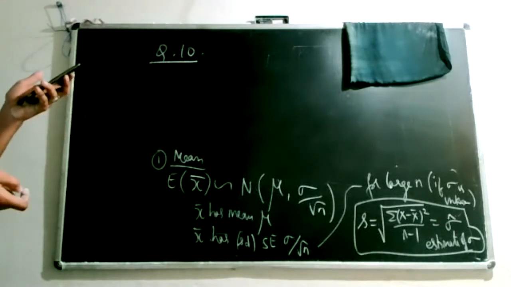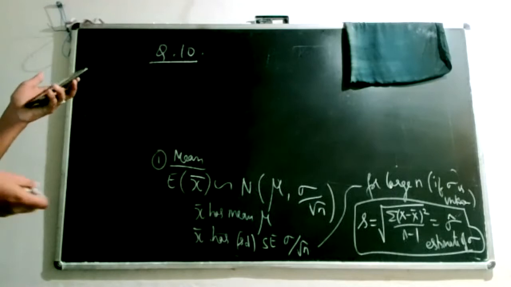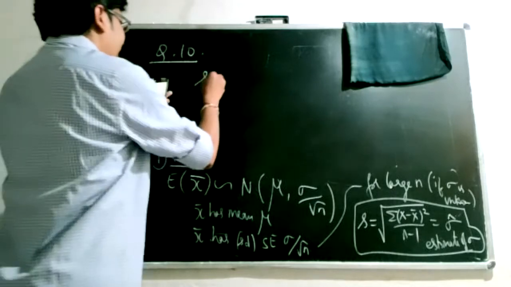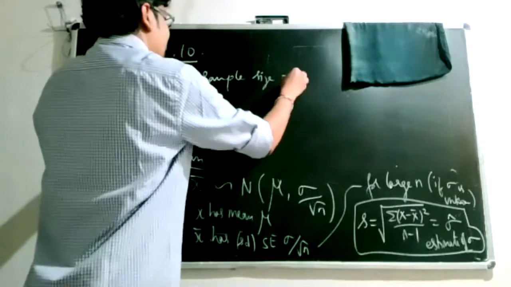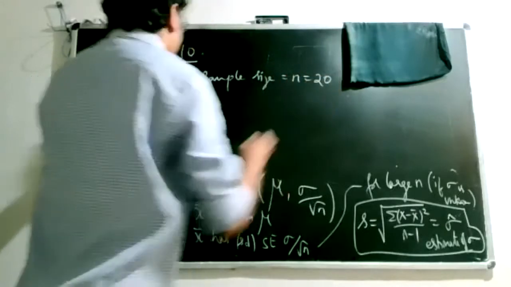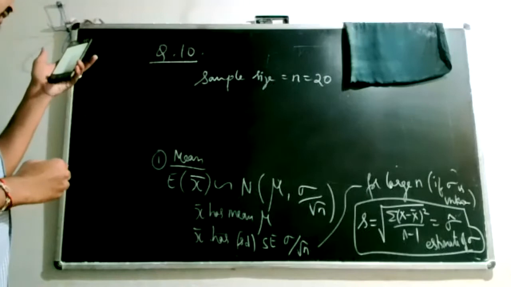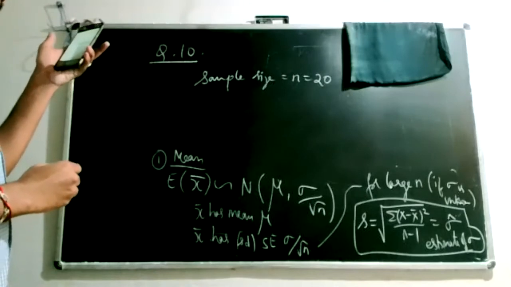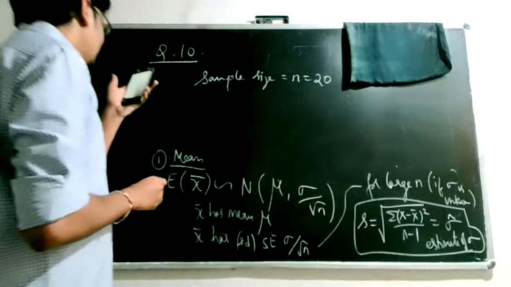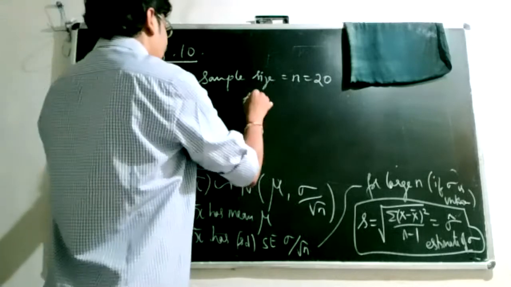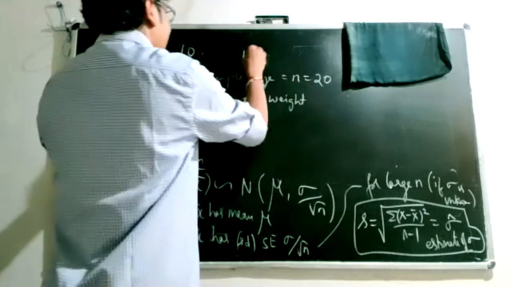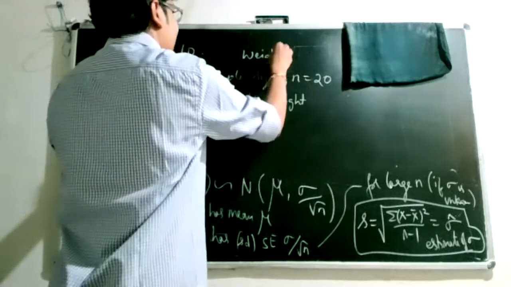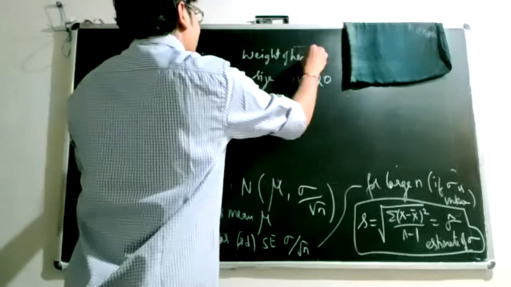Carry out a suitable t-test for the case: a sample of 20 rats. So the sample size is 20, you are selecting 20 rats, diagnosed for the weight of their hearts, and the average weight is observed. For every rat you have selected, you are recording the weight of the heart.